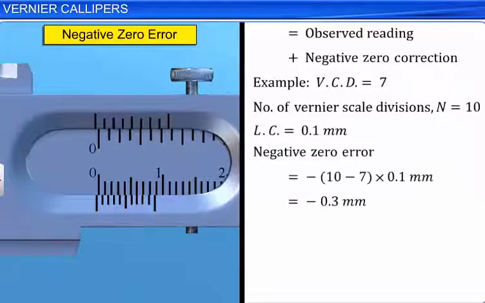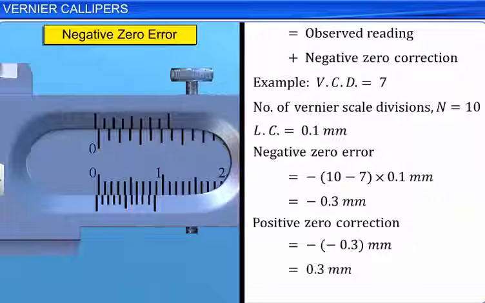The negative zero error is equal to minus of (10 minus 7) into 0.1 mm, which is equal to minus 0.3 mm. Then, the positive zero correction is equal to minus of minus 0.3 mm, which is equal to 0.3 mm.